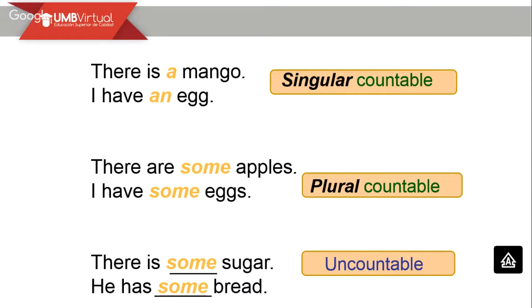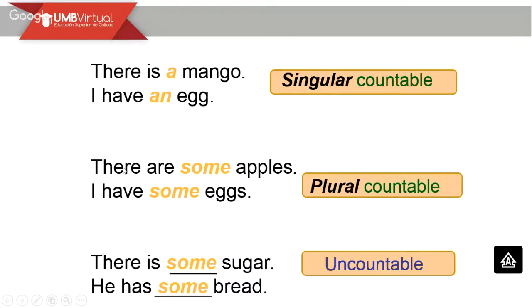La diferencia radica en que debemos tener en cuenta si es contable o incontable, pero podemos utilizar esa misma palabra para los plurales o en este caso los singulares, right? Both of them are possible to use and it's completely okay. Just be careful with this.